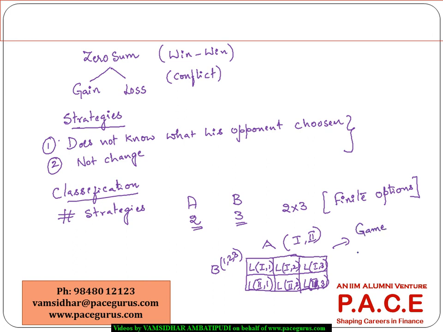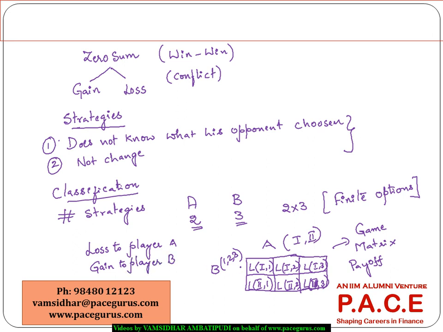Any game gets its representation in the form of a matrix. And whatever are the entries that go into the matrix, we call them payoffs. And the payoff is read like this. The way you read the payoff is whatever is the number that is there, it is the loss to player A, which would typically be the gain to player B. Right?